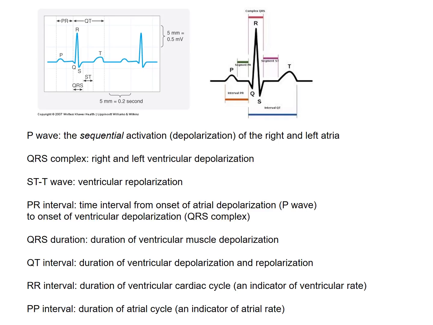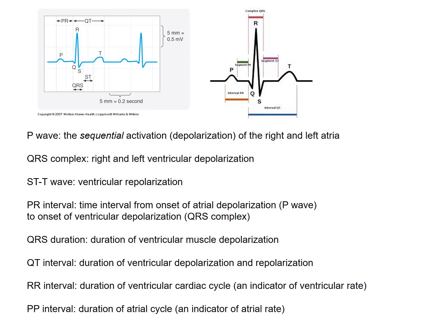Normal sinus rhythm then is a sequence of repetitive PQRST. P-wave is atrial depolarization or contraction, QRS is ventricular depolarization or contraction, and then T-wave is ventricular relaxation. And remember, we do not see atrial relaxation because there's just not enough electrical activity for that to be seen in that rhythm strip.